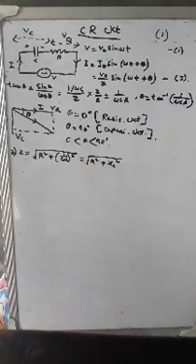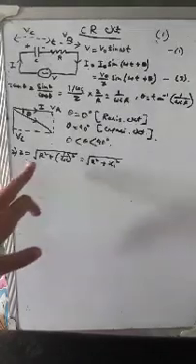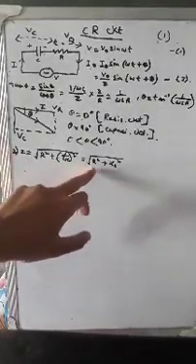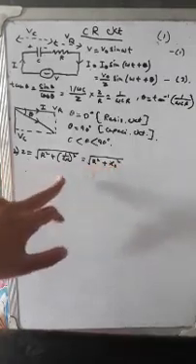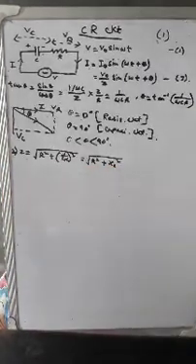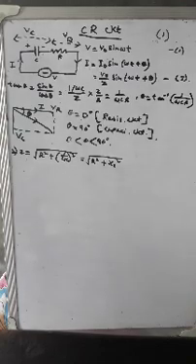So, this was your value of Z, the impedance. I've written R square plus XC square. XC means 1 by omega C, that is the capacitive reactance. Yes, so the capacitive reactance value is 1 by omega C.